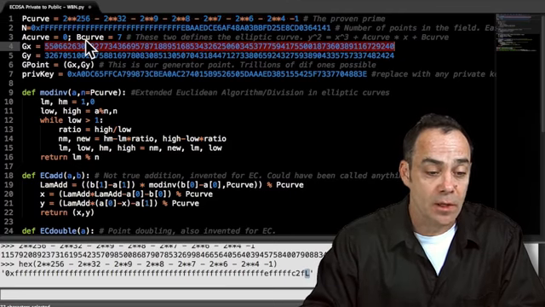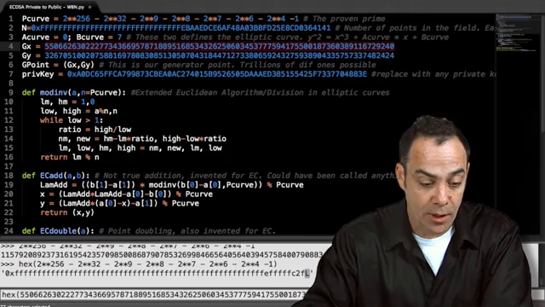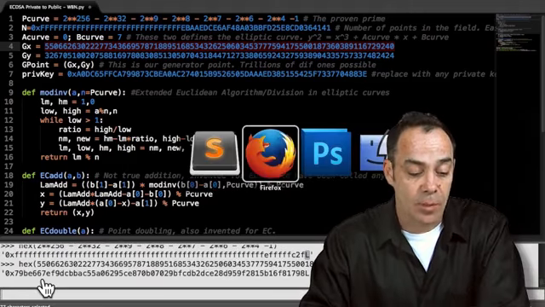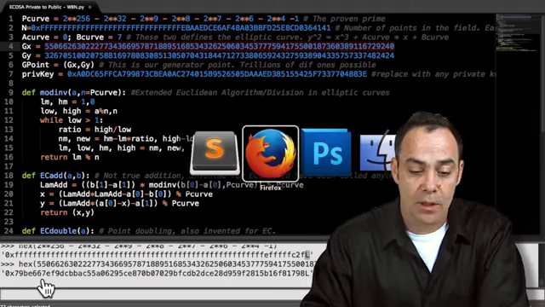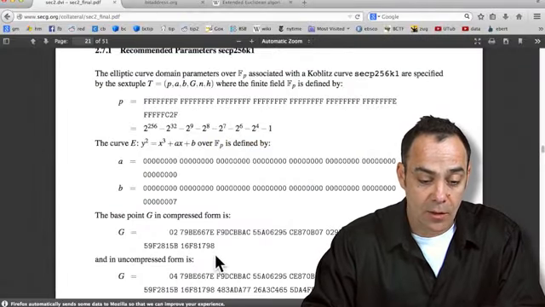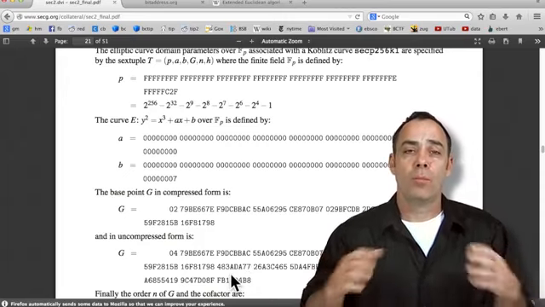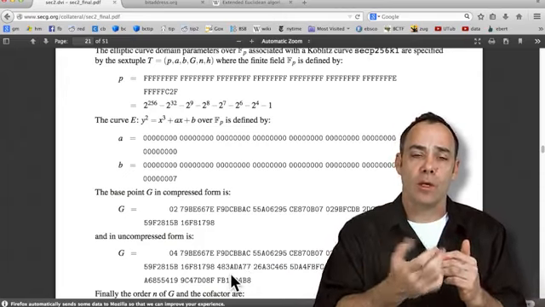The same is true of these G coordinates. We can stuff that into a little hex wrapper here and we get the 79BE6 and so on, which is exactly the same as you see right here. The compressed form is actually just leaving out the Y coordinate because you're dealing with a point on a curve, and if you have the X point, you have the Y point.